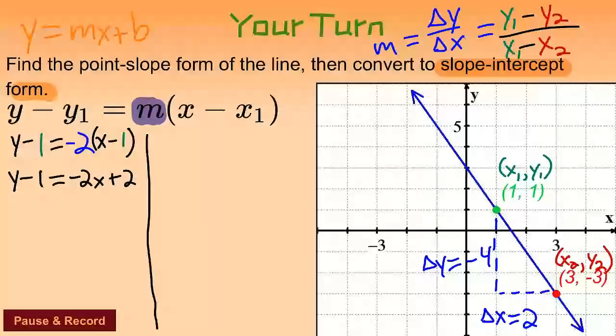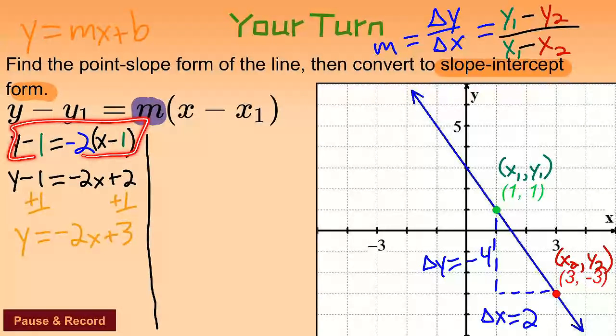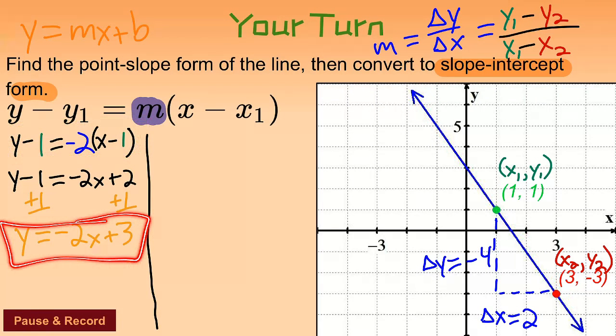Now I'm going to add 1 to both sides so I can get my y term by itself here. And I'll get y is equal to negative 2x plus 3. So one of the point slope versions of this line is right here, and here is the slope intercept form.